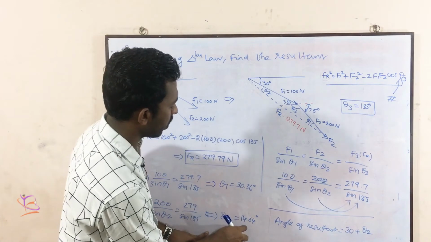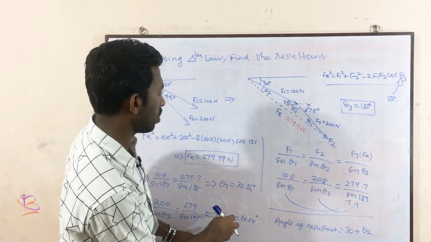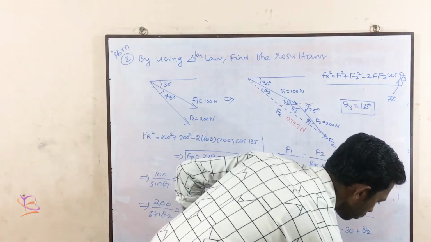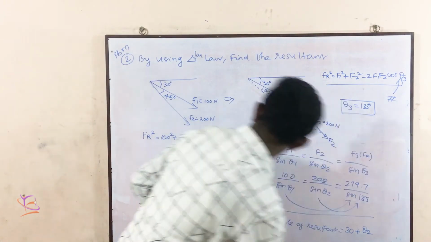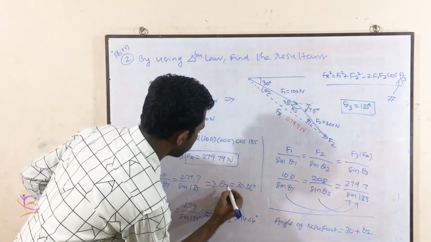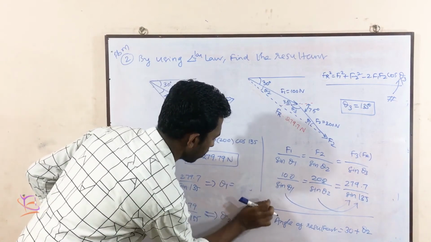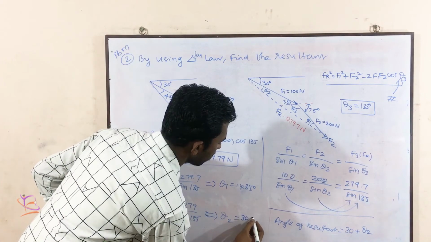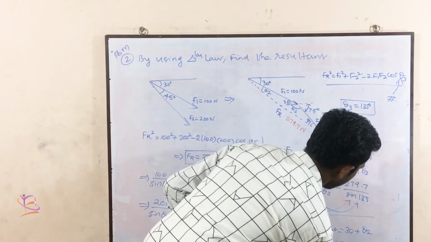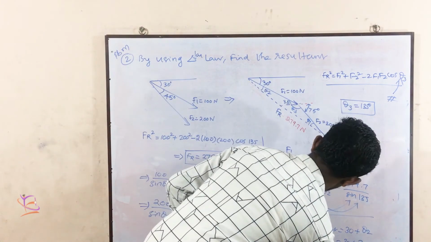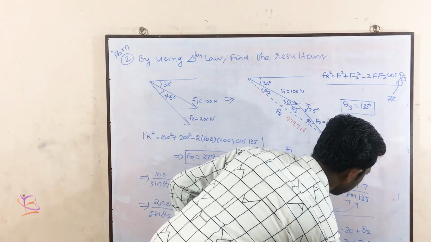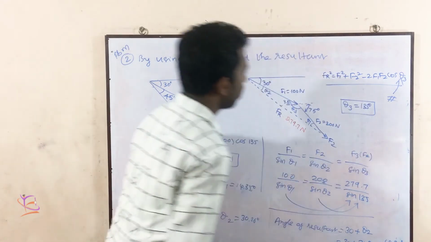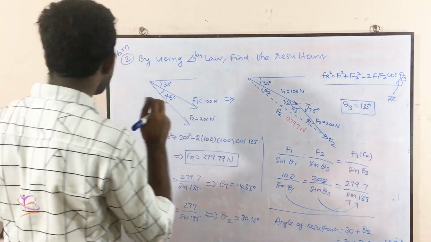Here you got the value for theta 2, which is 14.64 degrees, and theta 1 is 30.36 degrees. So the angle is 30 plus 30.36, so the answer is 60.36 degrees from the base.